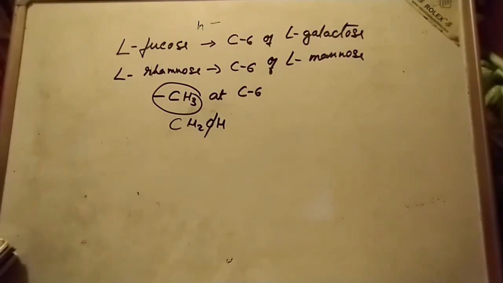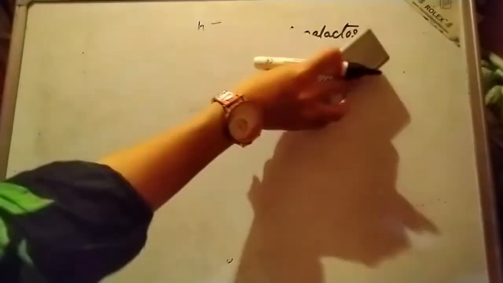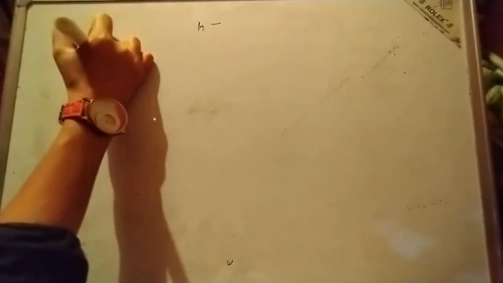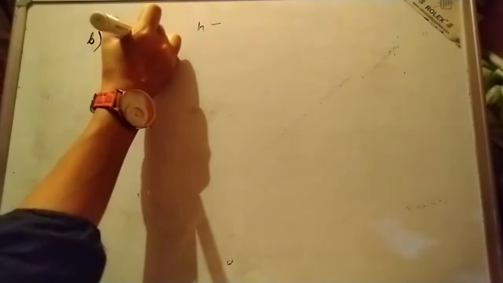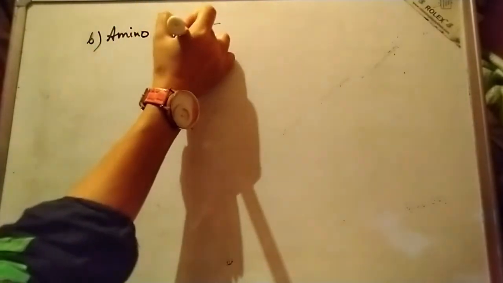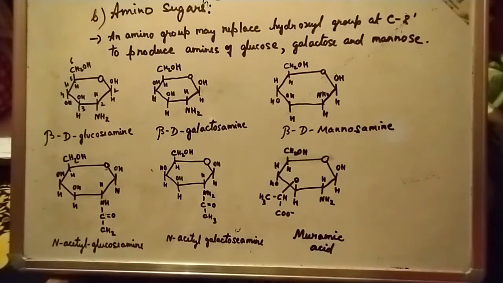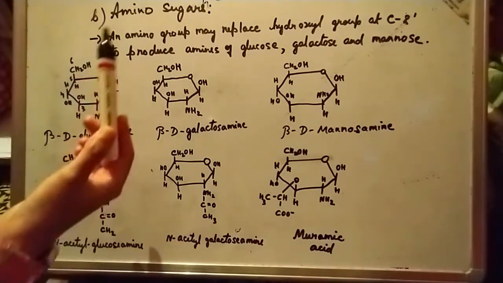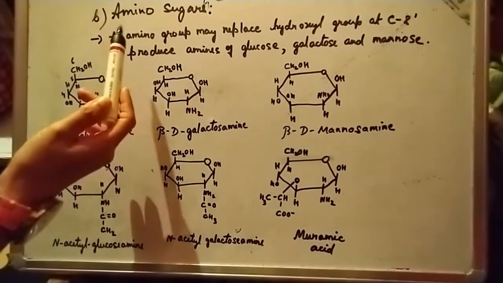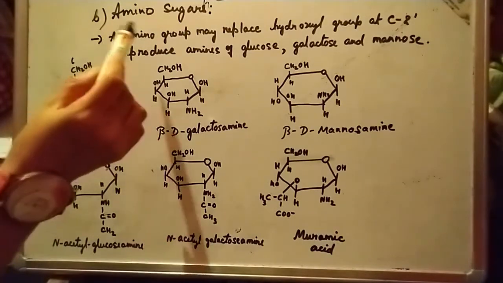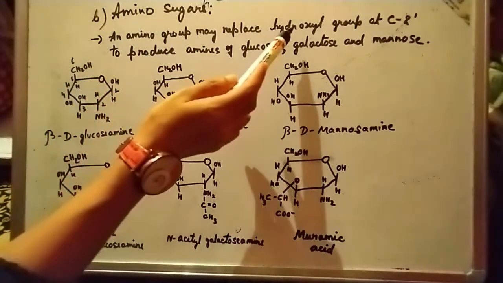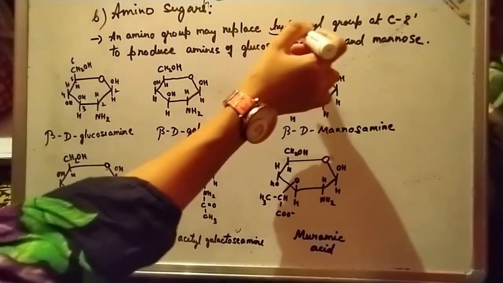Now we come to another type of sugar derivatives, the amino sugars. How are they formed? It's when an amino group replaces a hydroxyl group. Remember this.